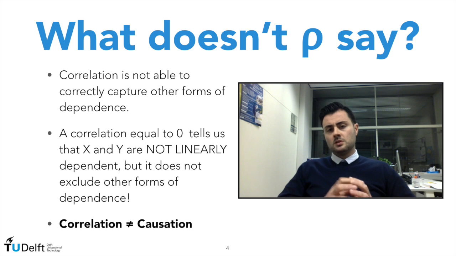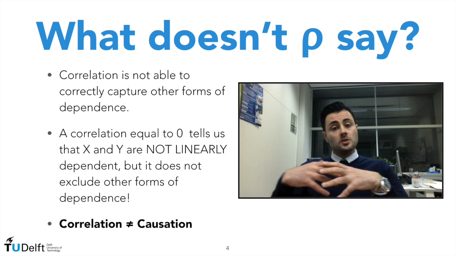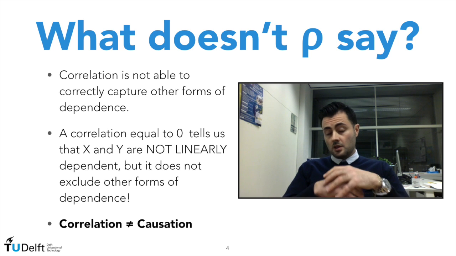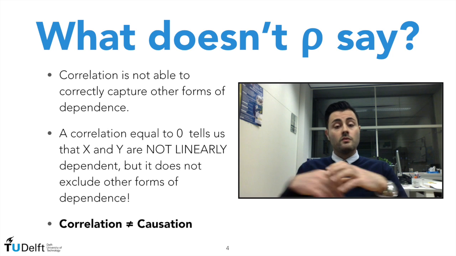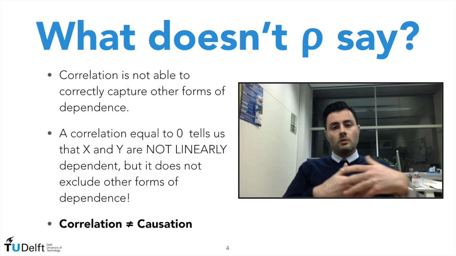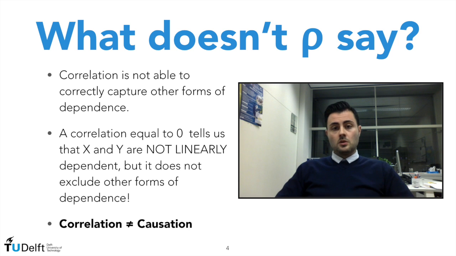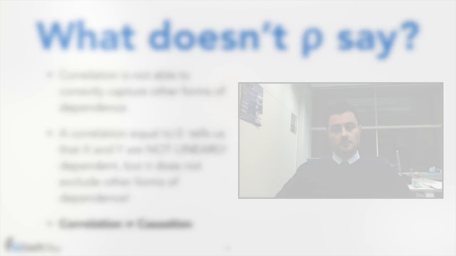So it's very important never to read correlation in the wrong way. If I know that x and y are correlated, I can say that they move jointly in a given way. I can give interpretations about their joint behavior, but I cannot say that one generates the other. Obviously, in the specific case in which I know that x causes y or vice versa, in that case, correlation will coincide with causation, but it's a very special case.